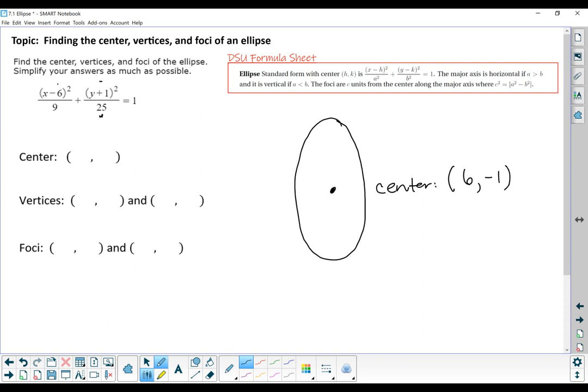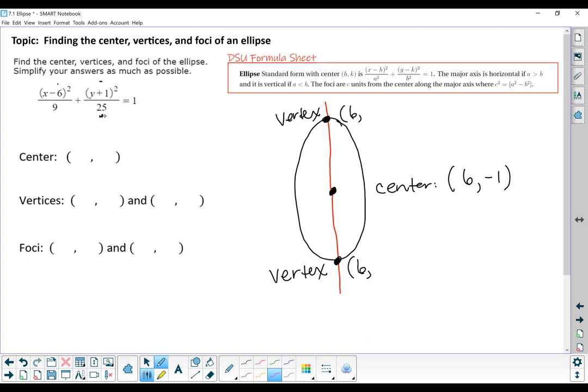Here's our center, and our major axis is here. So we can find those vertices. We've got a vertex on the top and a vertex on the bottom. These are all on a vertical line, so they both have the same x coordinate of 6.